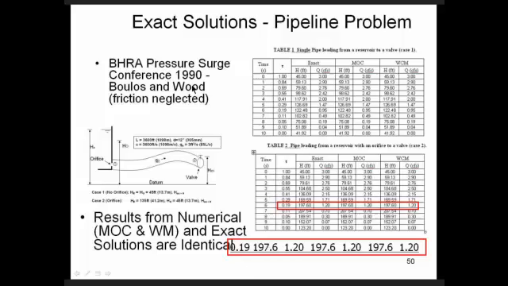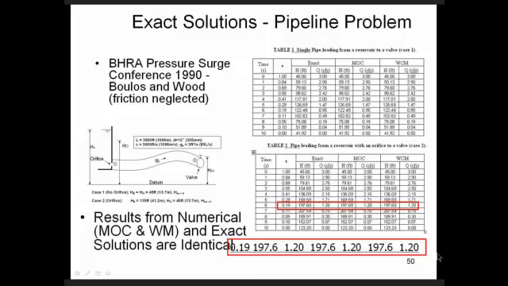Well, the first thing, over 20 years ago, we worked with a mathematician and published a paper where we compared an exact solution, a method of characteristics solution, and a wave method solution. And down here at the bottom, I'm sort of expanding, but at this time, here was the pressure and then the flow predicted by one method, by the other method, and by the third method. They were identical.